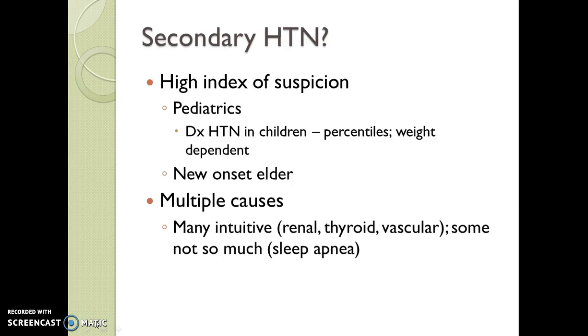So secondary hypertension, in most adult populations, we are not highly suspicious. However, in some populations, we have a very high index of suspicion. First of all, in pediatrics, hypertension does occur in children, and we do that by percentiles, just like their height and weight. Older children, of course, their blood pressure goes up, and heavier or obese children have high blood pressure.